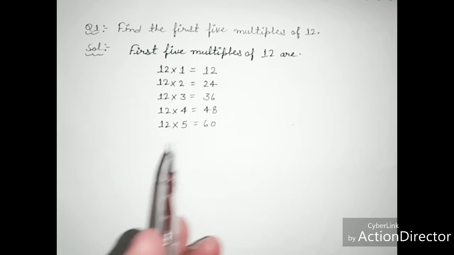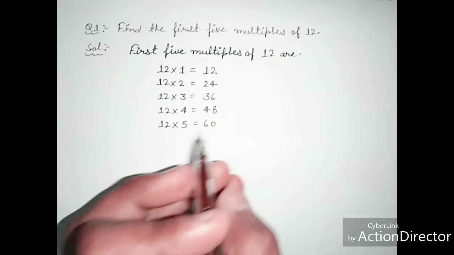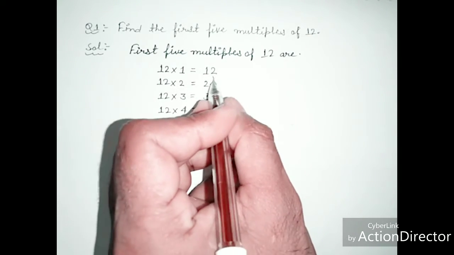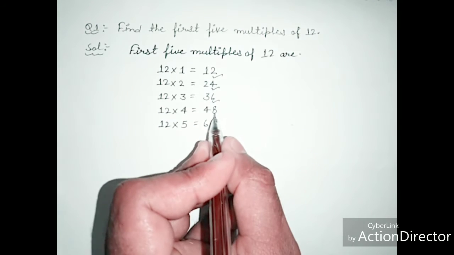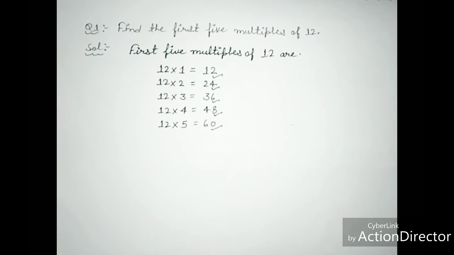Now the first 5 multiples of 12 are 12, 24, 36, 48 and 60.